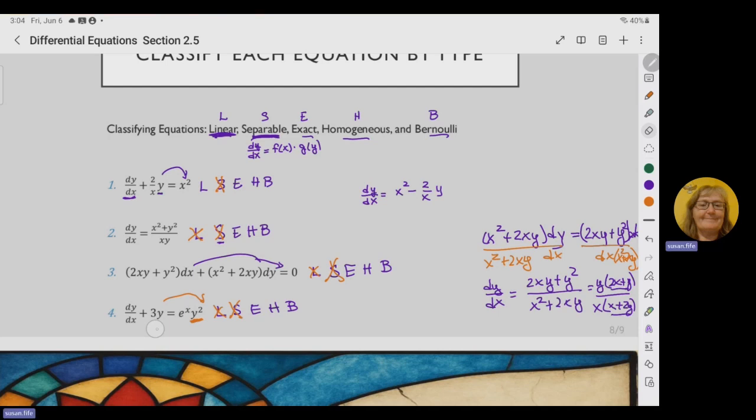So exact, you write the function in terms of differentials, identify m and n for exact. M dx plus n dy equals 0, where the partial derivative of m with respect to y is equal to the partial derivative of n with respect to x.